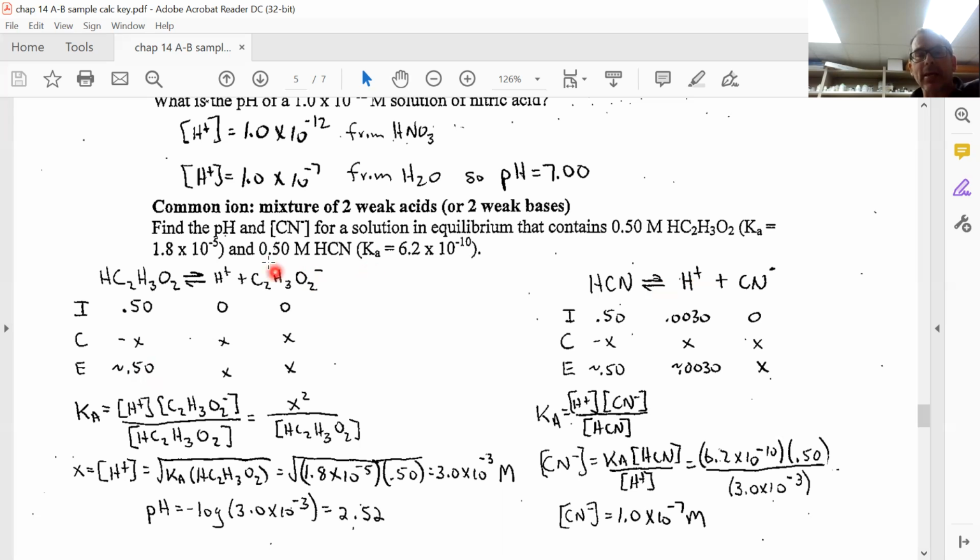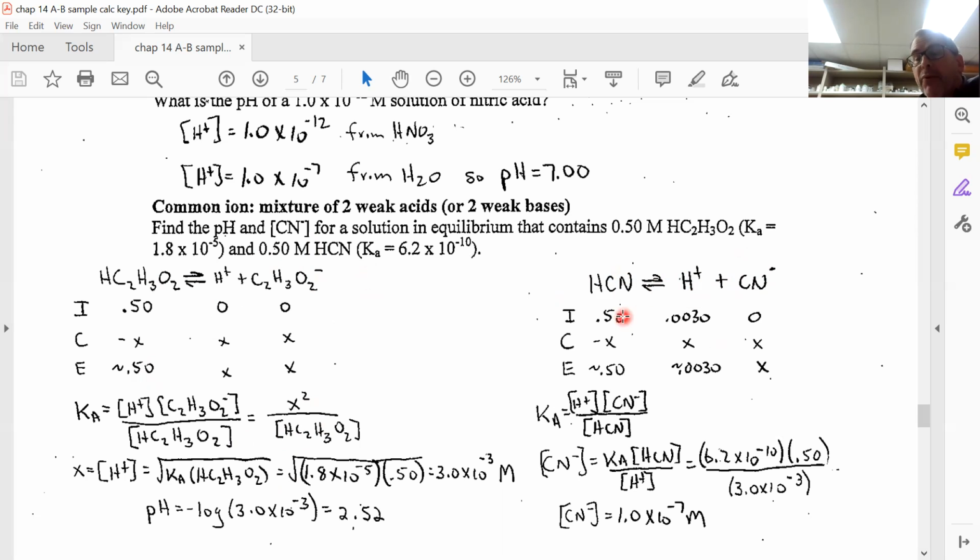But now it asks to find the CN minus concentration. Notice this becomes like a common ion effect problem, because we have the H plus from the breakdown of the weak acid, and this H plus is going to skew the equilibrium back this way, lowering the amount of CN minus compared to just taking the square root of Ka times this concentration.